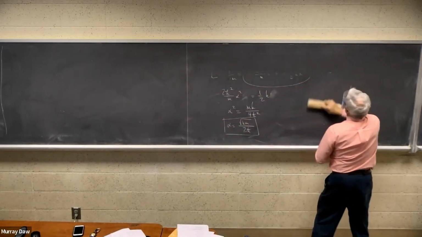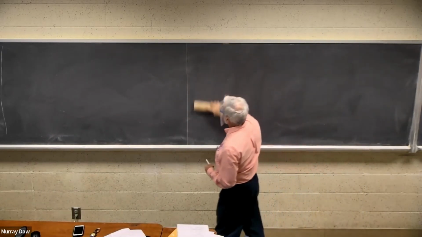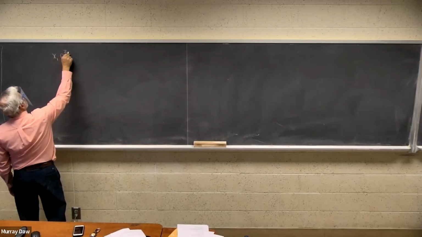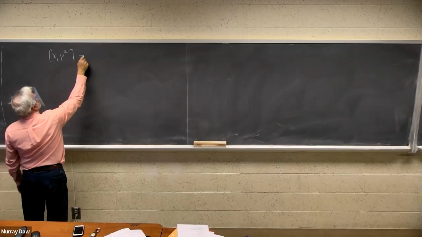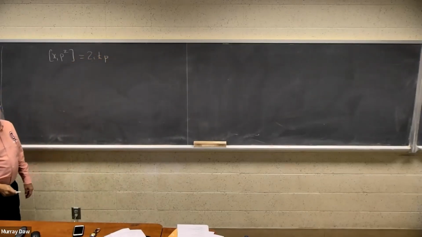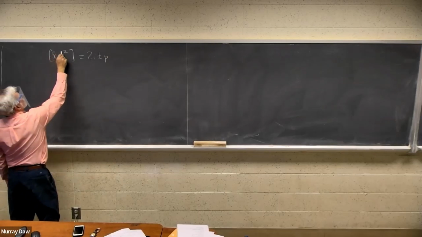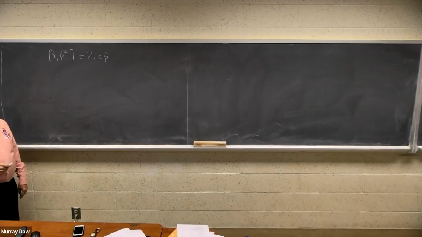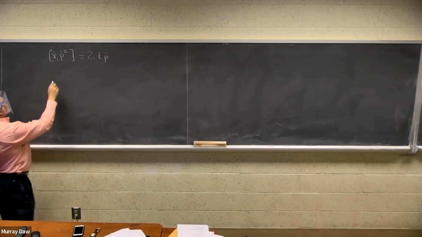There were some occasional mistakes on the operator algebra. We were supposed to find, I think it was x and p squared. Or p. So there's no need to make this complicated. It is really pretty simple to derive this.